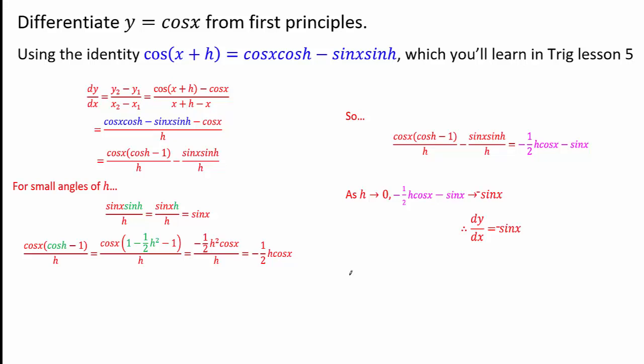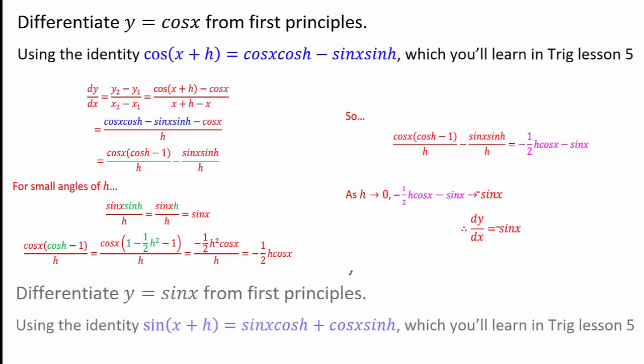So we've just shown from first principles that the cos x graph does in fact differentiate to be the minus sine x graph. And there we go. Your task, can you repeat that for the sine x graph? And I've given you the identity that you're going to need there.